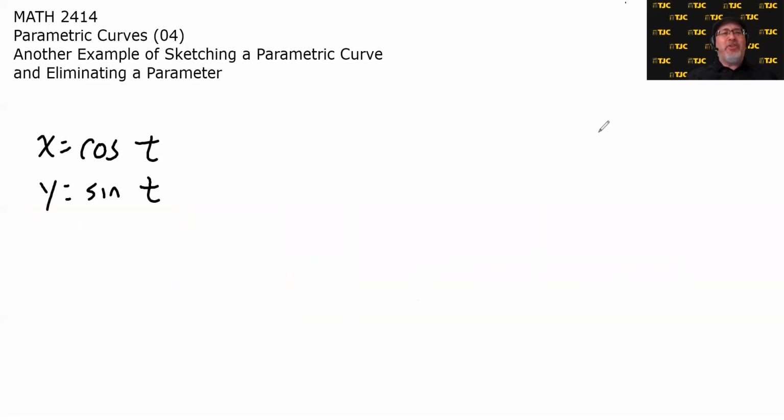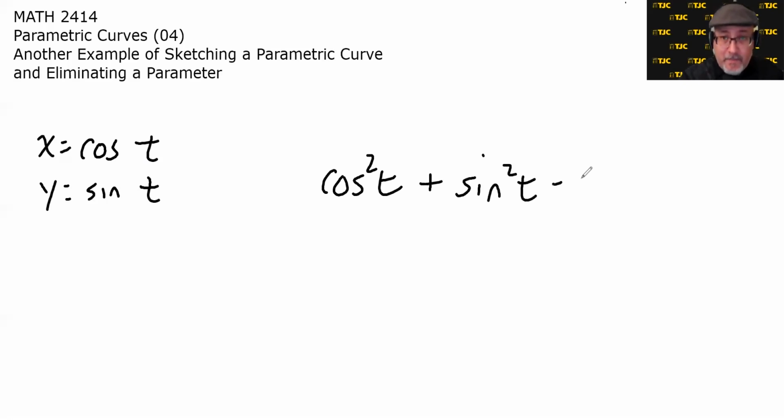So how can we eliminate this? Well, another way to eliminate a parameter, especially when trig functions are involved, is to find a trig identity that relates those two trig functions. For example, do you know a trig identity that involves sines and cosines? You should. Cosine squared t plus sine squared t is equal to 1.